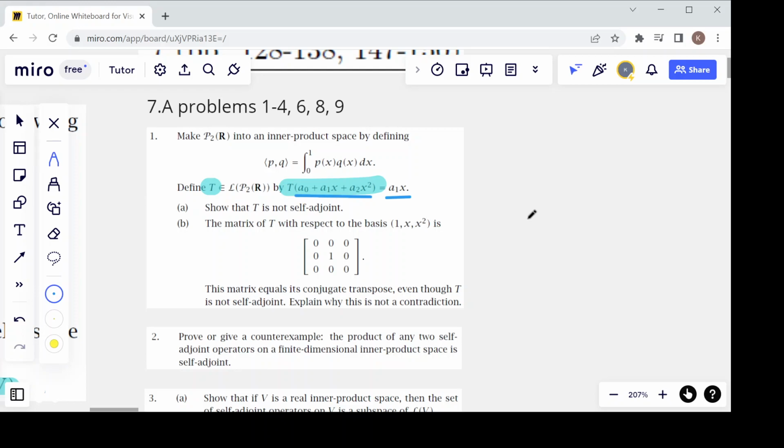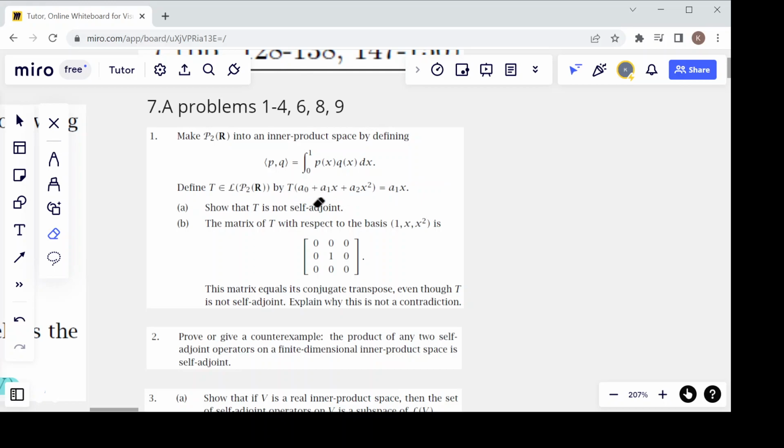So that's mapping from P2 of R to P2 of R. That's just fine. You could think of this as a flattening or projection of the 3-dimensional space of polynomials onto the 1 dimension that's just the x term. If you think of the a0, a1, a2 as being 3 dimensions in 3-dimensional space, and you're projecting each polynomial just onto its a1 value, that would give you a 1-dimensional space. But that's not what we have to do right here.